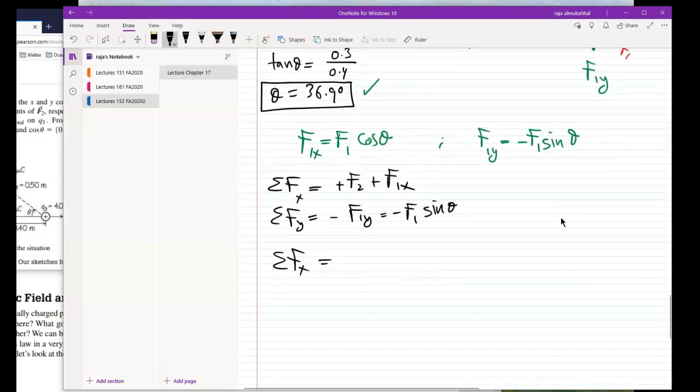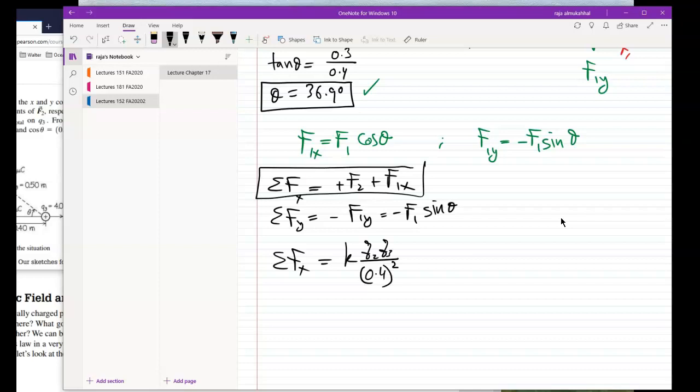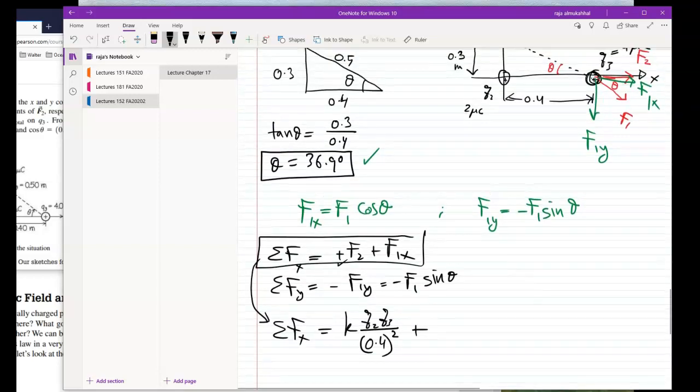So that's going to be K Q2 Q3 over 0.4 squared. Is that right? Okay. So remember, I am working on this one right here. That's the first part for this one. Now the second part. Plus F1x. I already told you what F1x is, right? Where is it? Oh, right here.